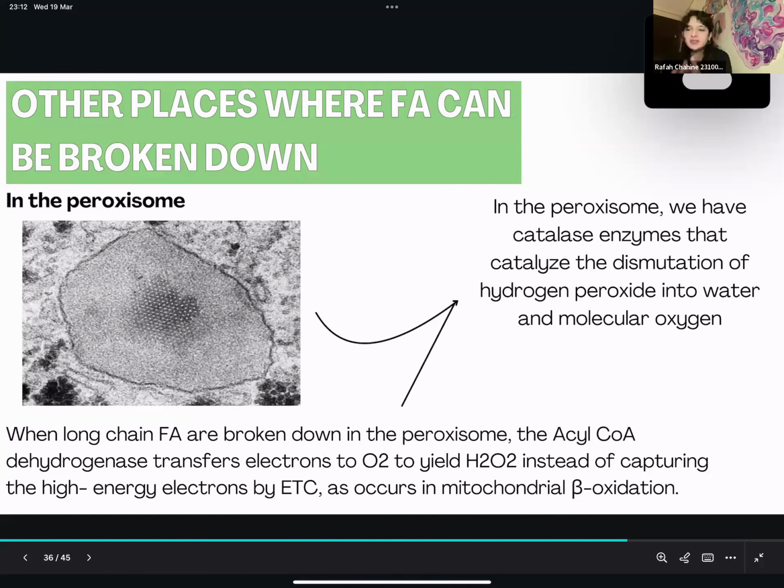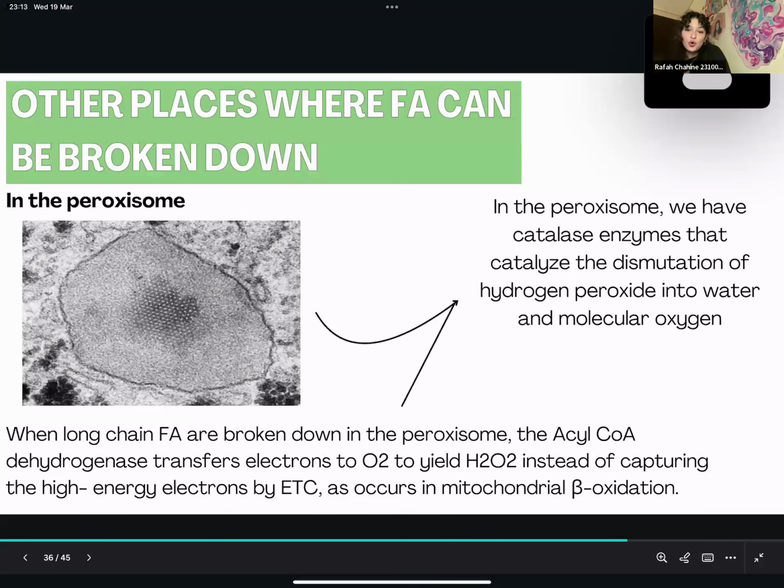Now, when long-chain fatty acids are broken down in the peroxisome, the acyl-CoA dehydrogenase, and if you remember, that is the first enzyme of beta oxidation, right? This acyl-CoA dehydrogenase, we said that it catalyzes an oxidation reaction where we basically remove the hydrogens from the fatty acyl-CoA, right?